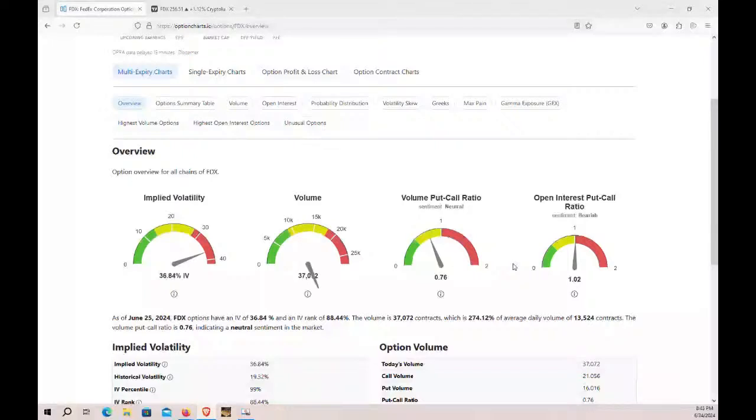And option statistics has 3 numbers that I'm looking at: the put call ratio overview, the volume, and open interest. The volume is the same over here, 0.76, and the open interest on Webull is 0.96, kind of maintaining what I had before, 0.95.